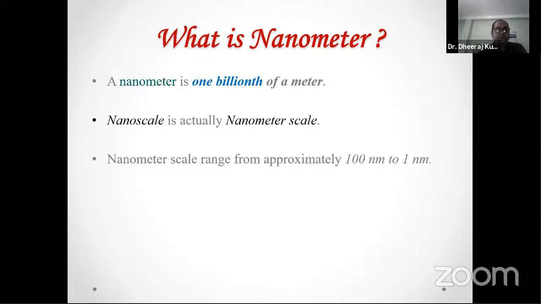At present, scientists are using the nanoscale, which is not particularly defined, but is known as the range from 1 nanometer to 100 nanometers. It is considered the nanoscale range. Next slide, ma'am.